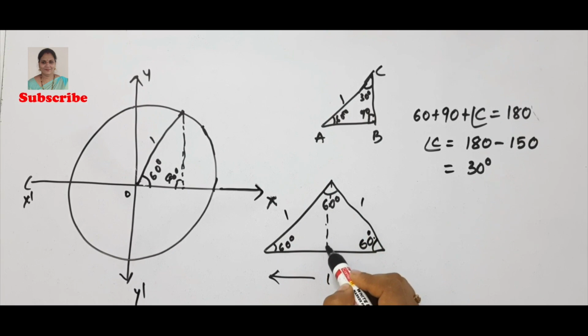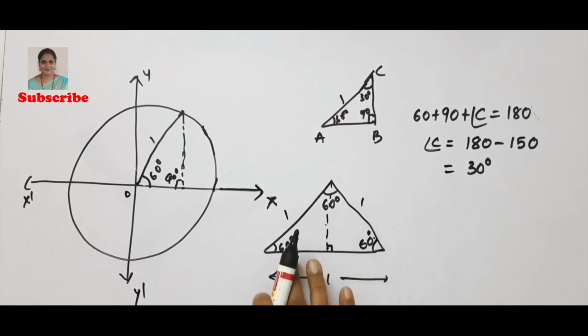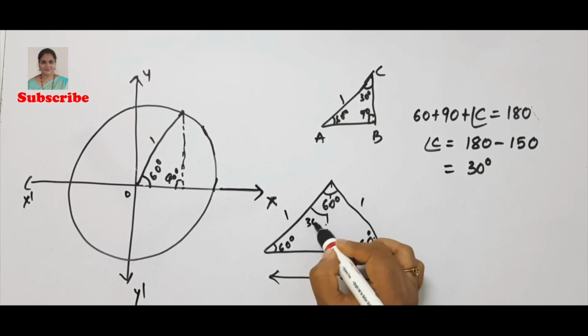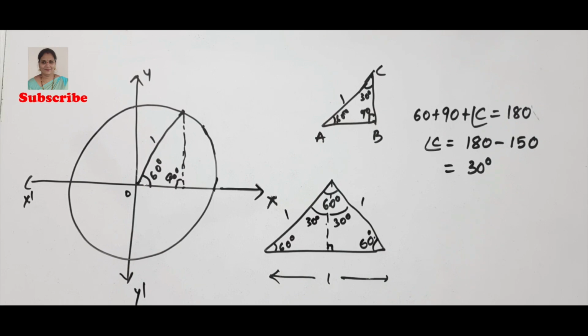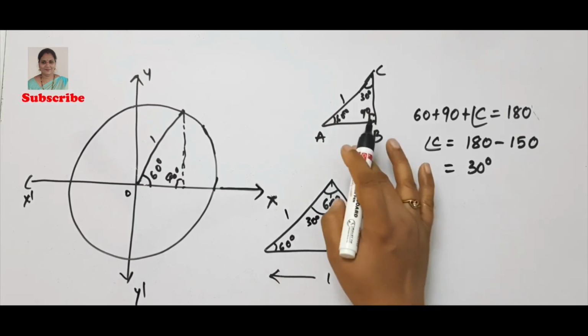Draw a perpendicular from here to here and separate this triangle into two triangles. Then this angle becomes 30 degrees, and this angle also becomes 30 degrees. Now just observe to which triangle this triangle is similar.